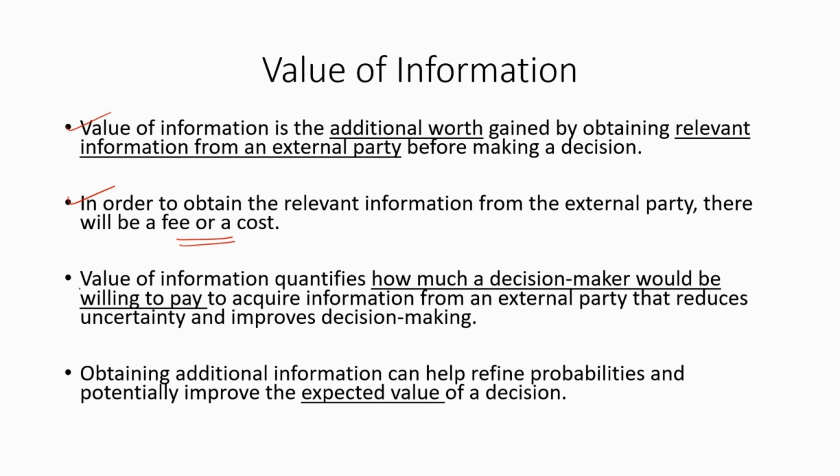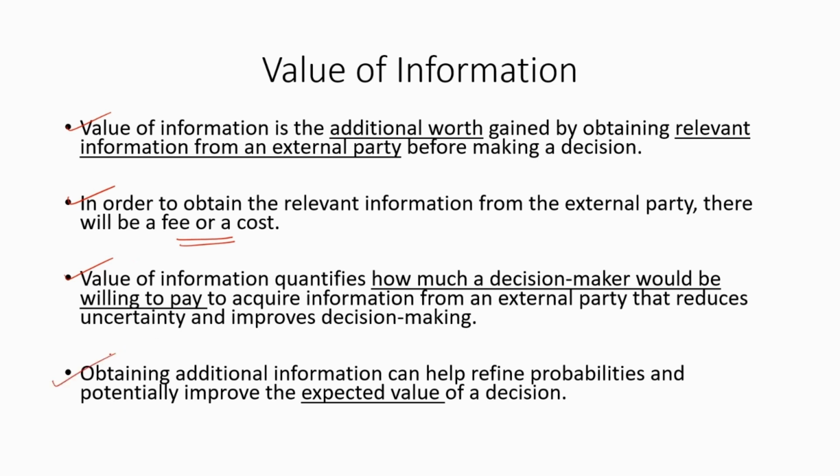external party. Value of information quantifies how much a decision maker would be willing to pay to acquire information from an external party that reduces uncertainty and improves decision making. Simply, this means we are going to calculate how much a decision maker would be willing to pay in order to acquire additional information from an external party.